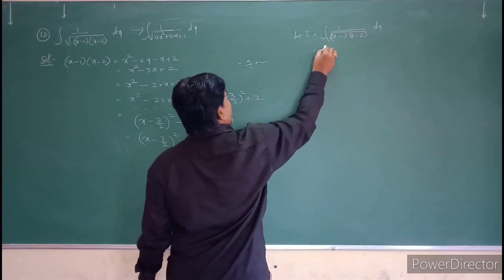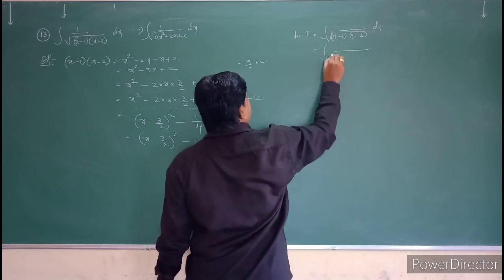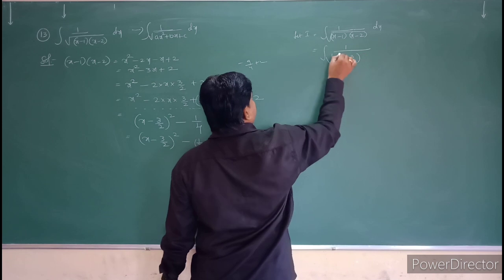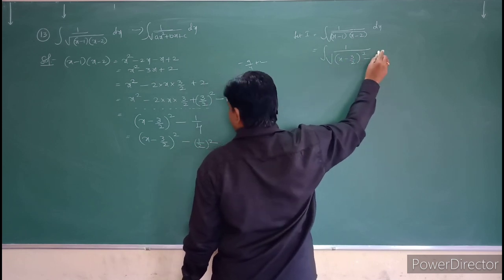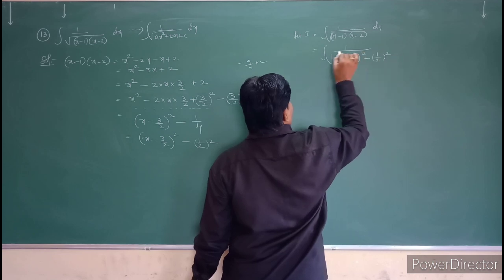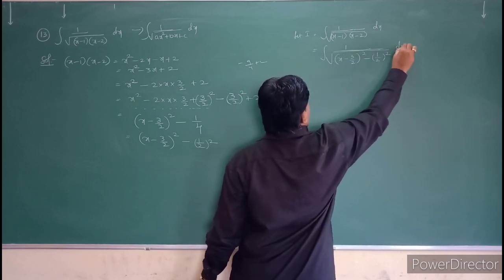So I have changed this one to the integral of 1 by root of (x minus 3 by 2) whole square minus (1 by 2) whole square dx.